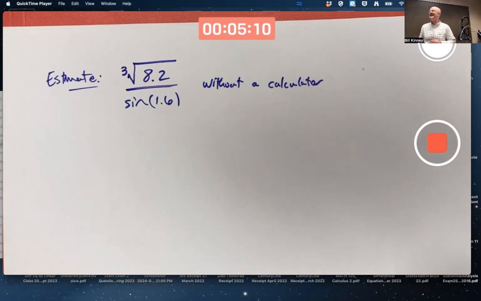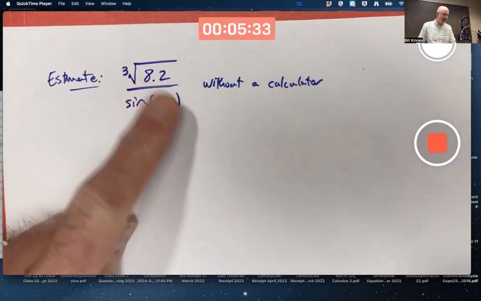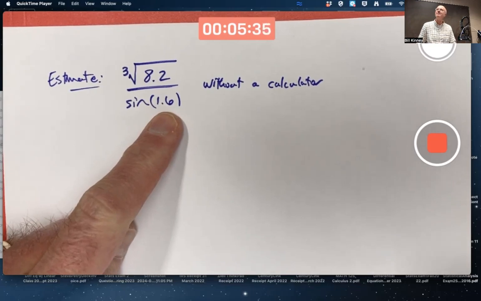What could you do? You could use a linear approximation. That's what you could do. We did some linear approximations in Calc 1. Let's do a linear approximation in multivariable calculus. Here's the intuition. You say, boy, this would be a lot easier if that were just an 8 and that were, say, pi over 2.